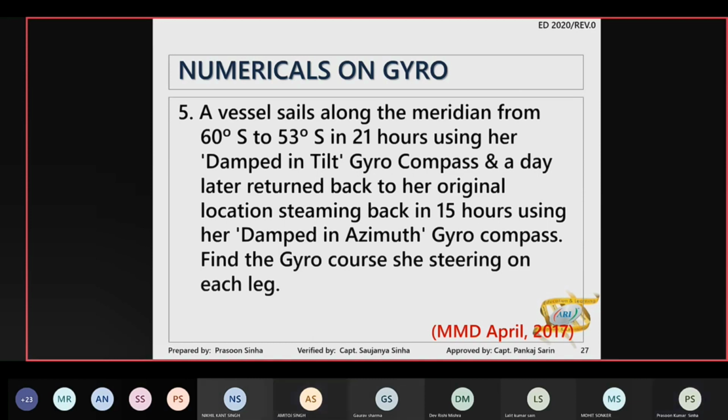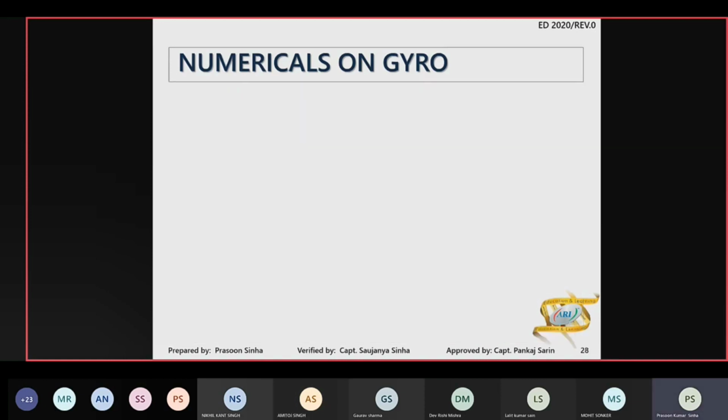Done, sir. Okay, since we have 5 minutes, we'll go through the answer. This question was also asked in April 2017. So case 1 is sailing from 60 south to 53 south. In this case, we don't have a given latitude.